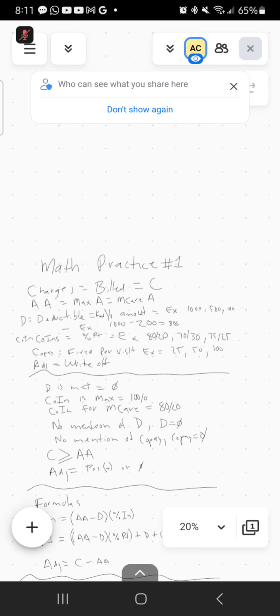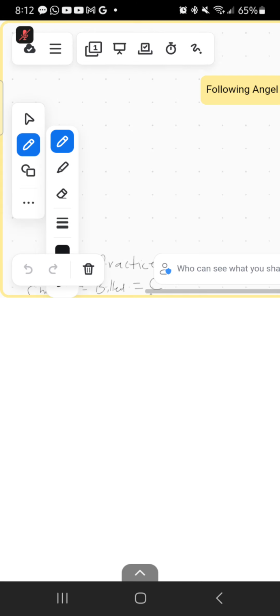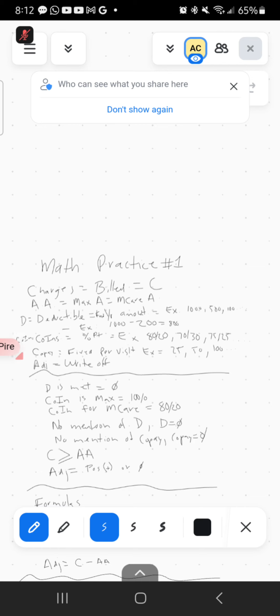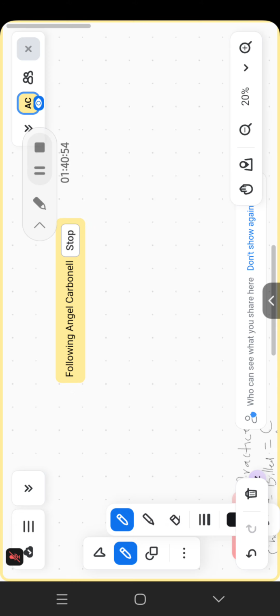I'm not going to close the whiteboard yet until you guys tell me that you can see it. This is going to be math practice number 1.